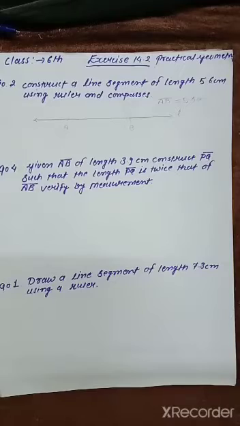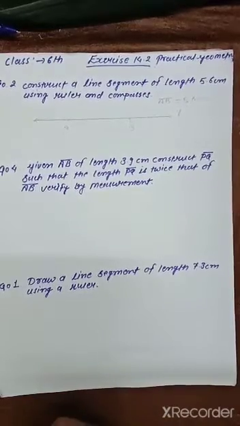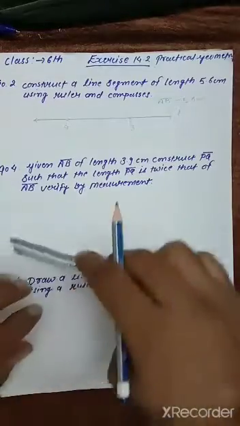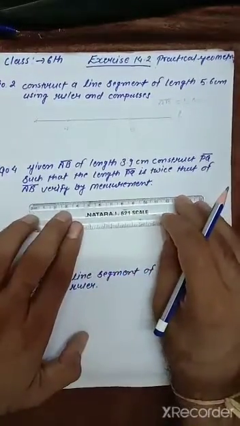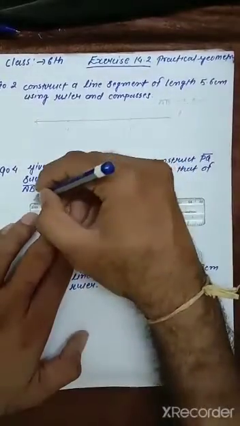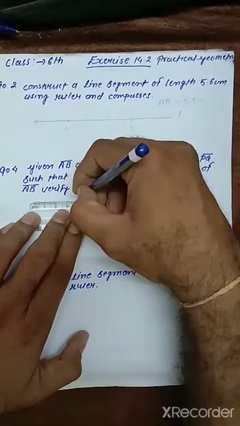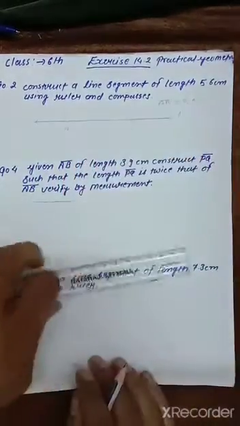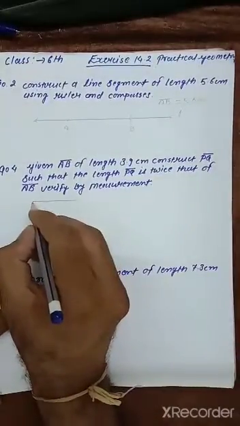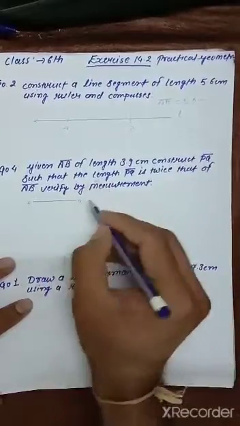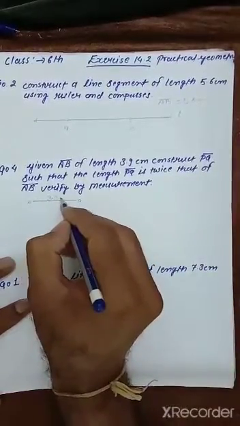Now come to the next question, that is: given AB of length 3.9 centimeter, construct PQ such that the length of PQ is twice that of AB. Verify the measurement. First, as given in the question, we draw a line segment AB with the help of a ruler, having a length of 3.9 centimeter.